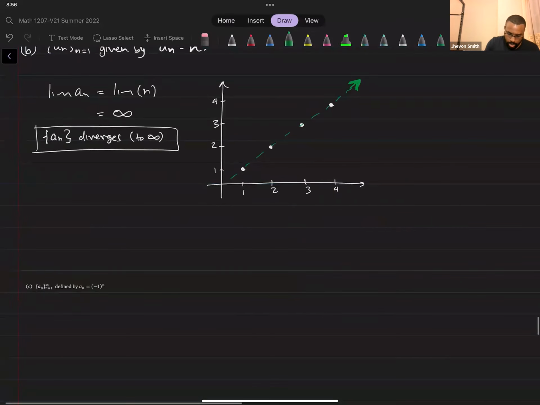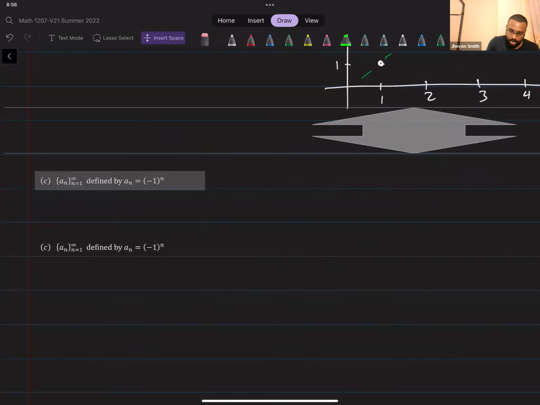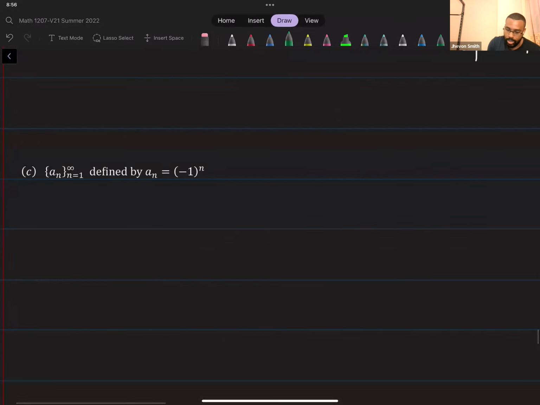A third example. (-1)^n. So what does this actually look like? Well, this means your a_n looks like (-1)^1.